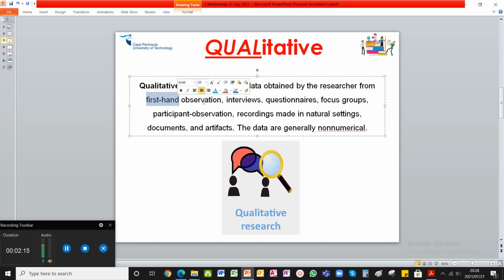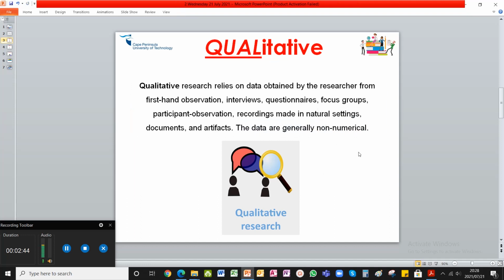So qualitative research gathers information first hand, either through observation, interviews, questionnaires with people, or a group of people known as a focus group, or recordings in a natural setting. So you want to see how people behave, what they think regarding a certain topic, right? And the data that you collect is non-numerical, so there's no numbers involved. So you're not looking at statistics, okay?